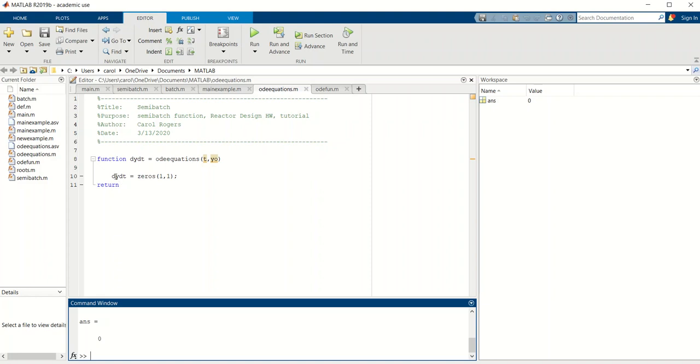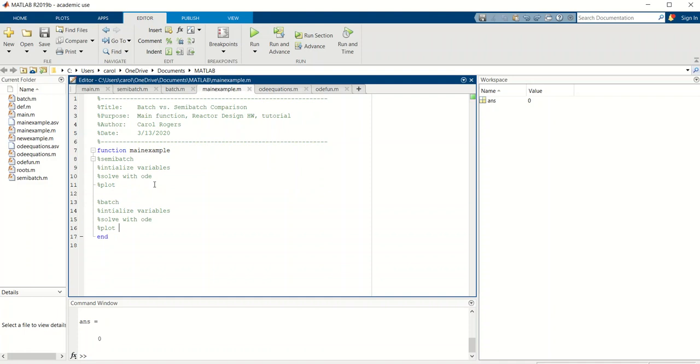So what value does dy dt actually have to be? We will work through the main function a little bit before we do that. But that's something you need to think about: what is going into dy dt? And that's dictated by ODE solver.